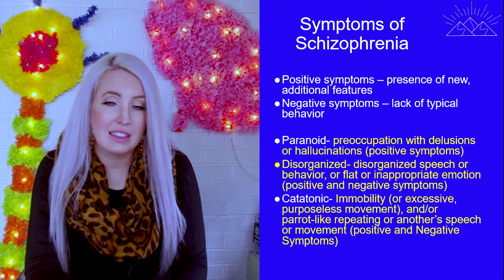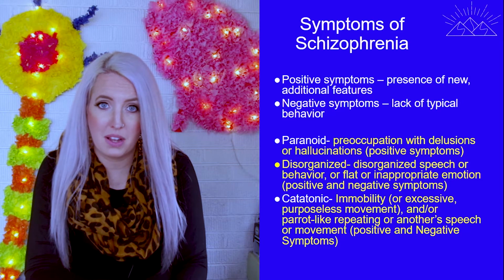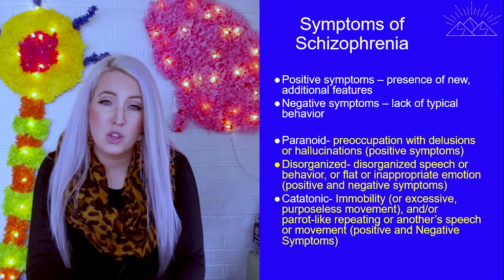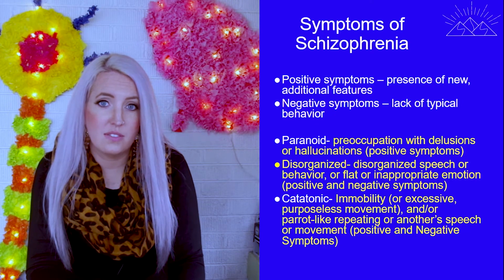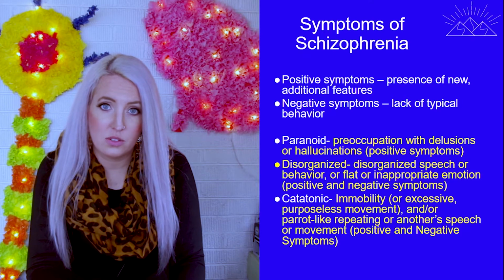We can also see lack of appropriate emotional responses in symptoms of schizophrenia. So you can see there are a lot of symptoms that go into this category of schizophrenia, and it will show up differently for each individual who's experiencing a diagnosis of schizophrenia.